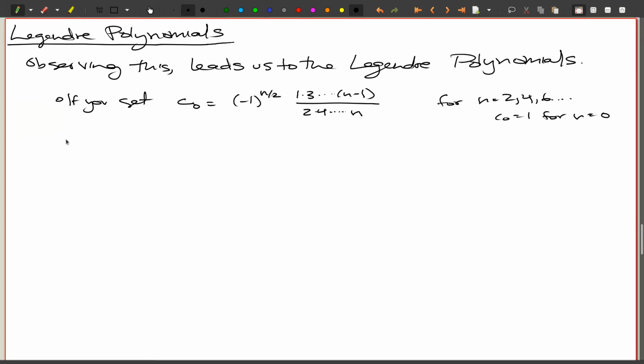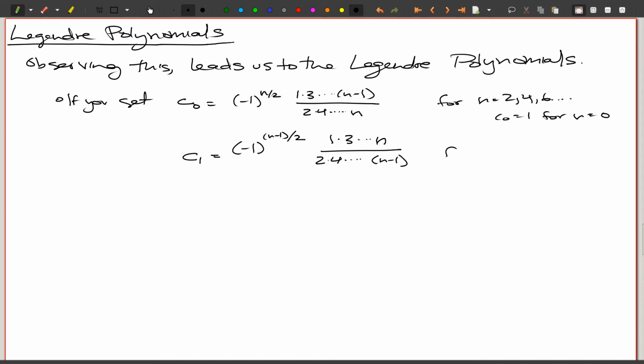And then for your odds, if you set c1 equal to minus 1 to the n minus 1 over 2, and then 1, 3 down through n as your odd number, but on the bottom you'll do 2, 4 down through n minus 1, which gives you your even number. We do that for n equals 3, 5, 7, and so on, with c1 equal to 1 for n equals 1.